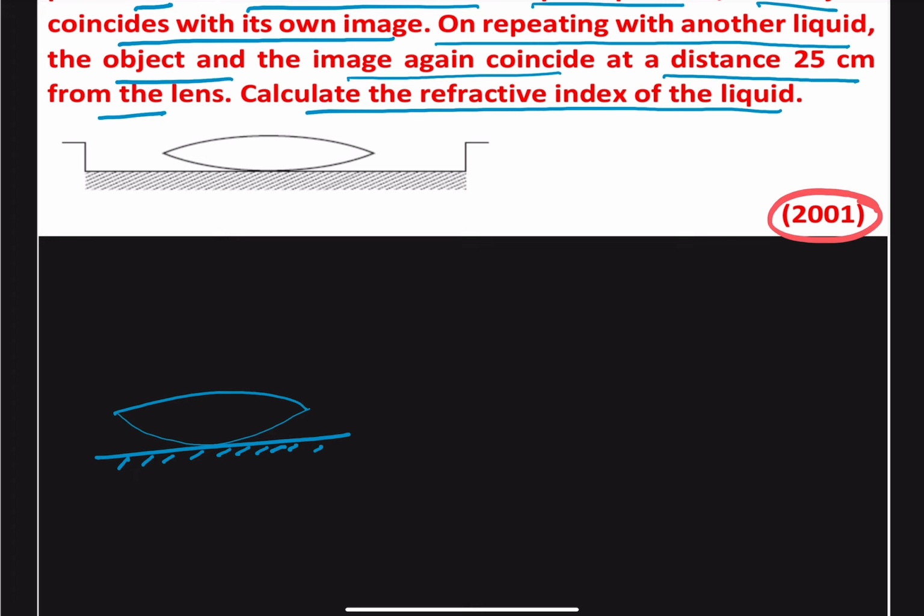And when the liquid is filled here, we know its refractive index, and it is given that the object and the image coincide with each other. So this will be our object as well as our image, and in the first case it is given as 15 centimeters. Coinciding means that the incident ray and the reflected ray will be traveling along the same path like this, and similarly for the other part also.